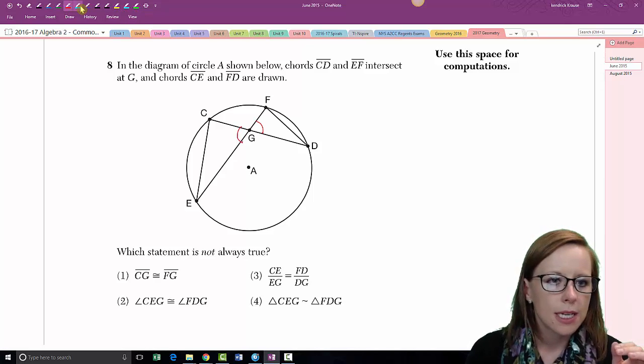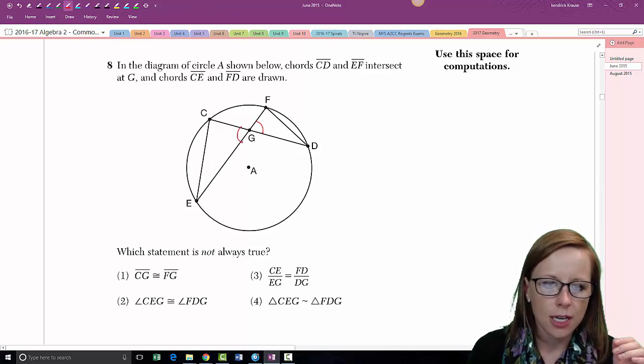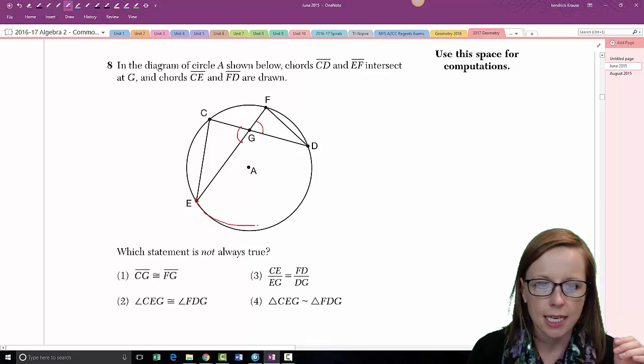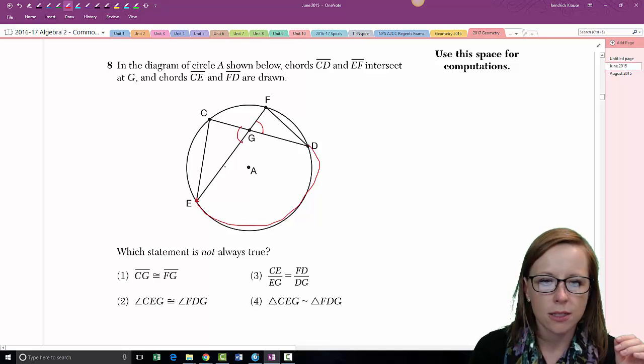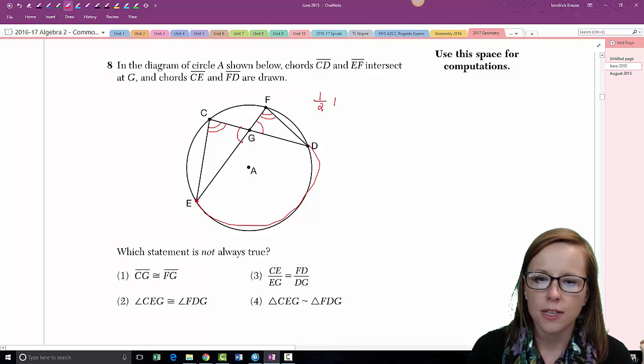What I need to know is that if I look at arc ED, that arc is being held by DFE and by DCE, which means angles E and F are congruent because they're holding the same arc. And those angles are half of ED, if you wanted to know that.